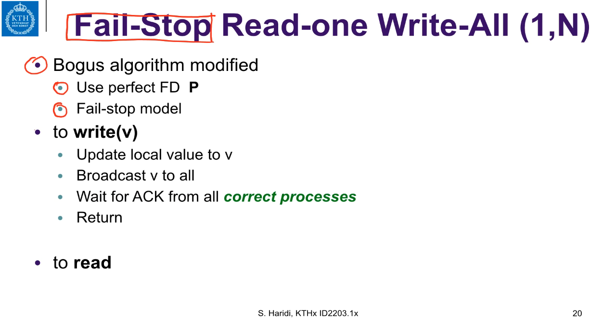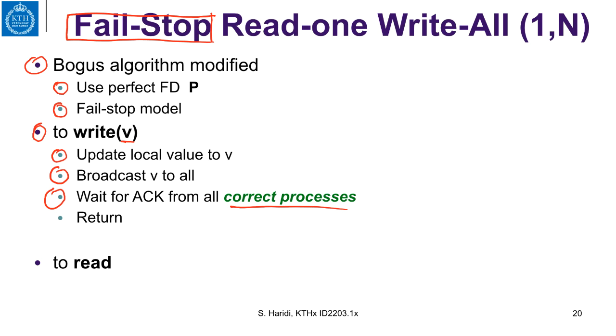To write a value v, the writer updates its local value and then does a best-effort broadcast. When a process delivers the best-effort broadcast, it sends back an acknowledgement to the writer. Then the writer waits for acknowledgement from all correct processes. These are only correct processes.